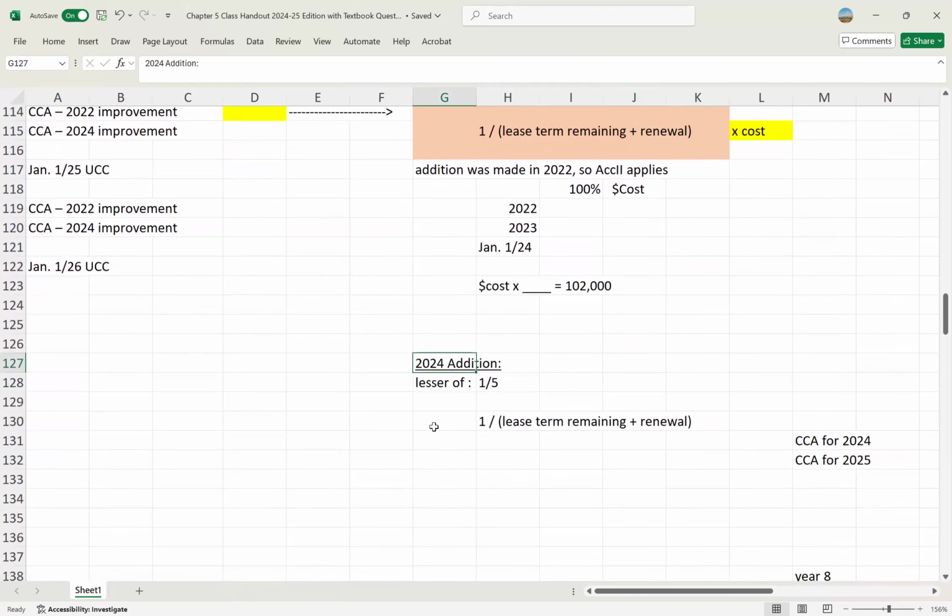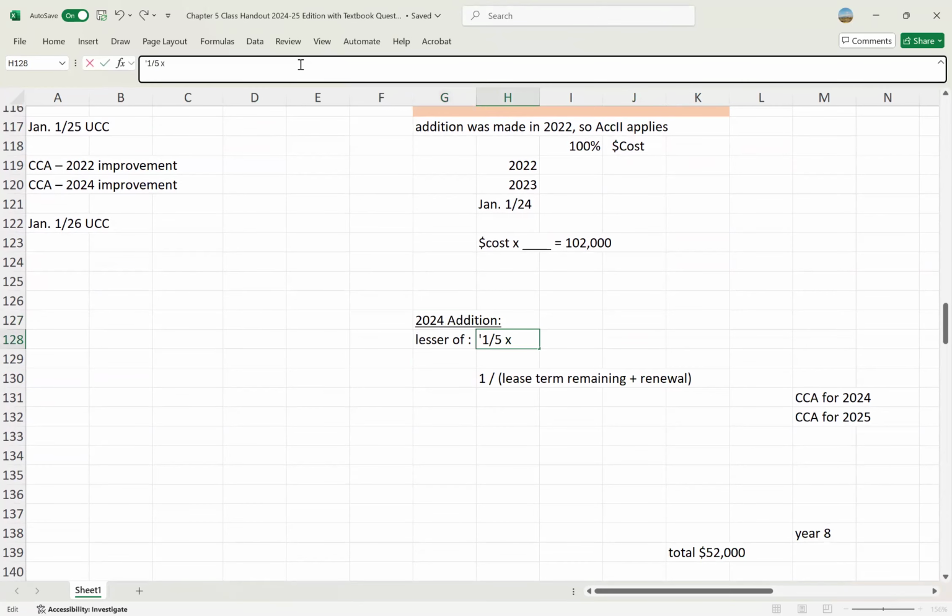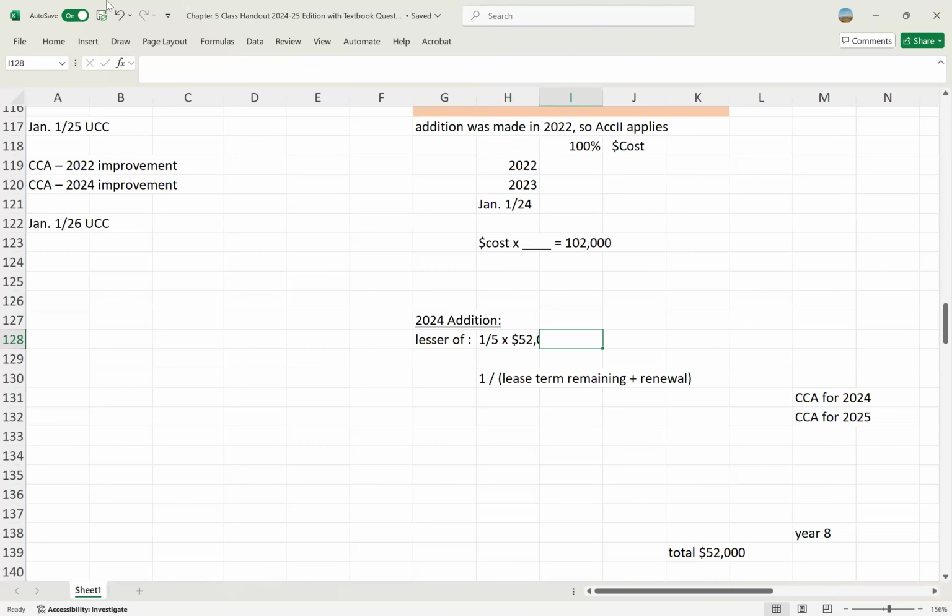So for this 2024 addition of 52,000, the CCA is going to be the lesser of 1/5 of the 52,000, which is 10,400, or 1 over the lease term remaining plus 1 renewal period times 52,000. So let's figure out what this will be.